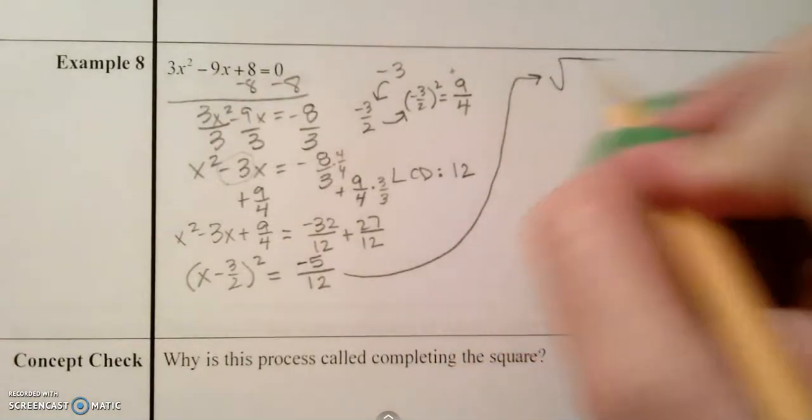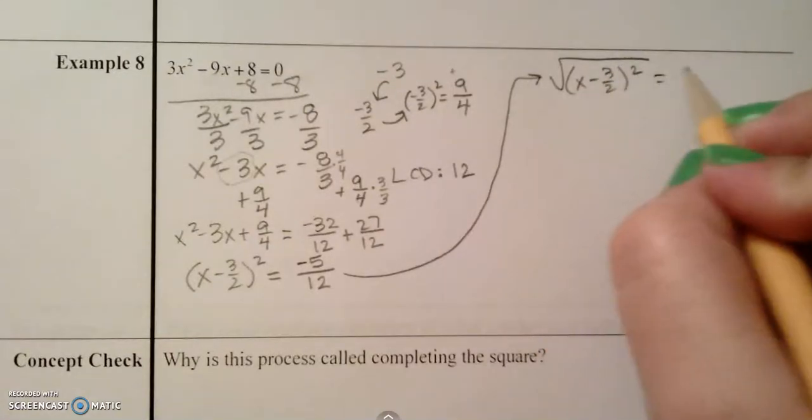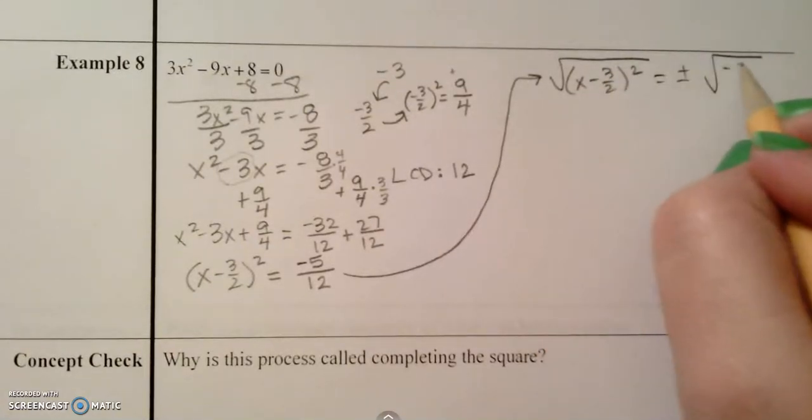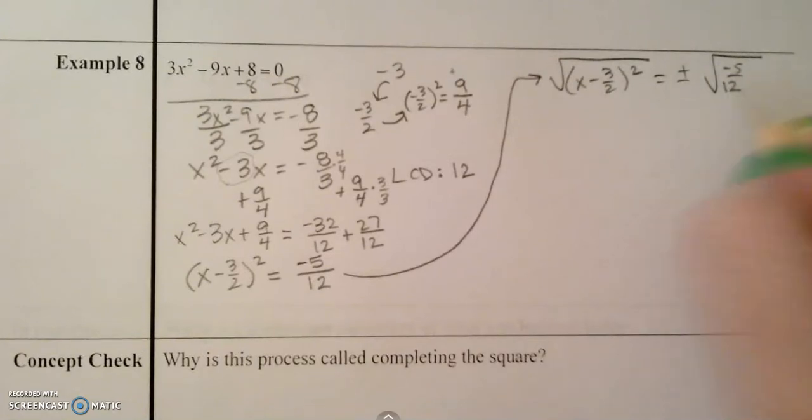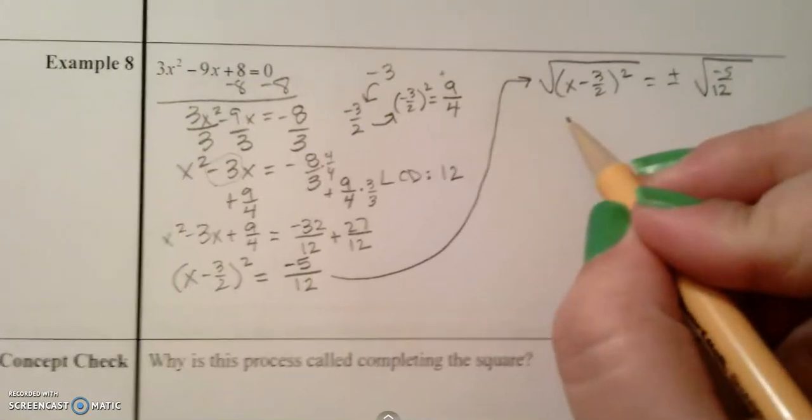So the square root of the quantity of x minus 3 halves squared equals plus or minus the square root of negative 5 over 12. Now immediately I notice there's a negative in there, but that's okay because we know how to deal with that now. It's going to turn into an i. So that's something to be aware of.